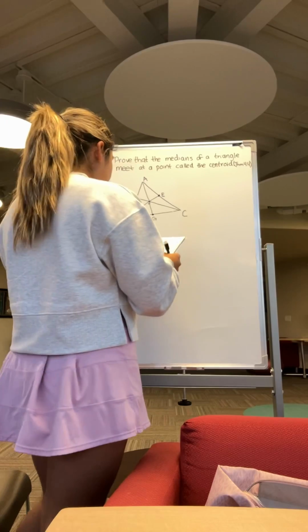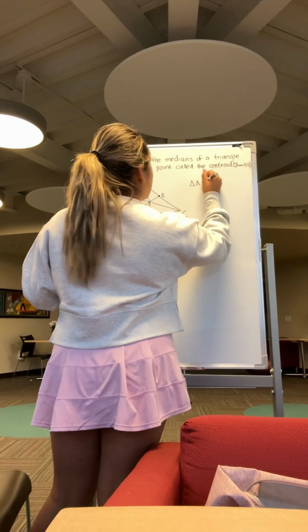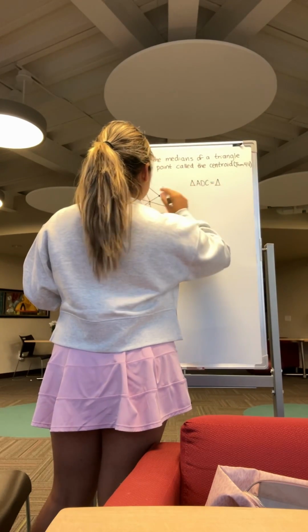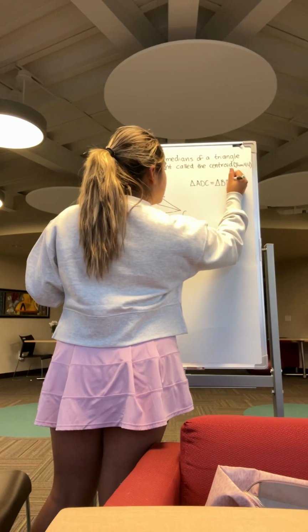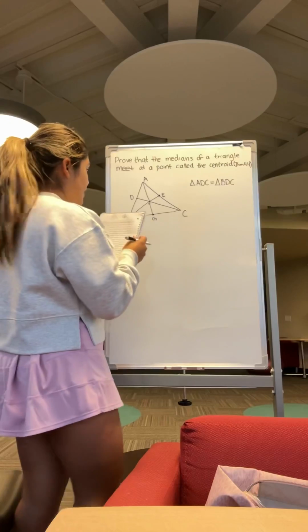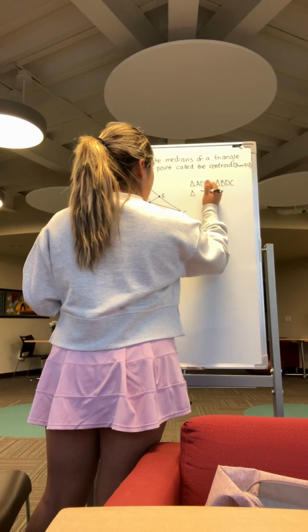So we say that the area of ADC and the area of BDC are equal.